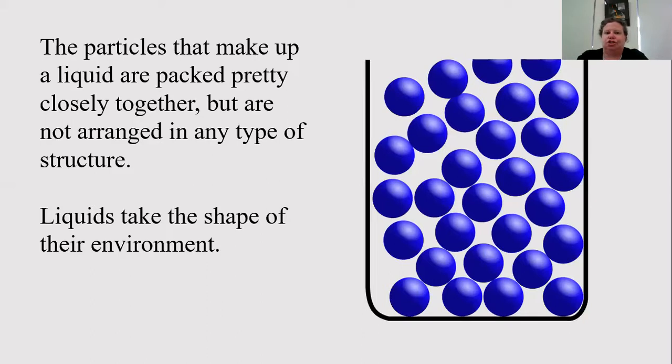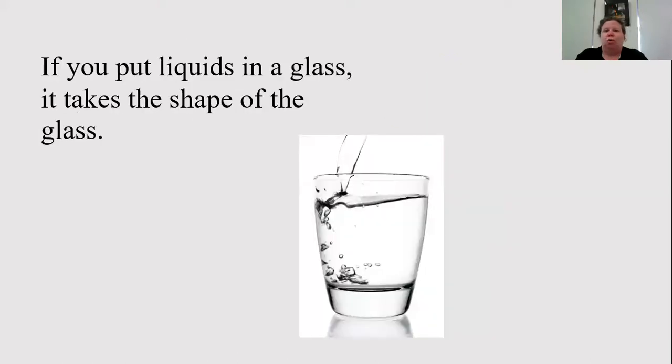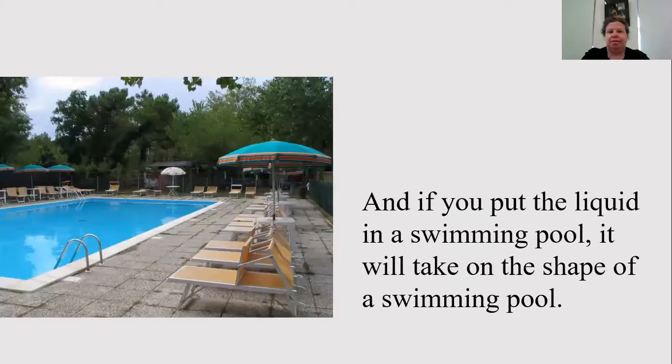Liquids tend to take on the shape of their environment. So what do I mean by that? Well, if you pour a liquid in a glass, it takes the shape of that glass. And if you put a liquid in a swimming pool, it'll take on the shape of the swimming pool.